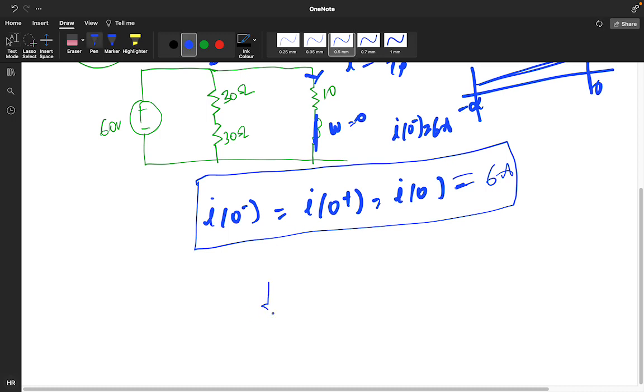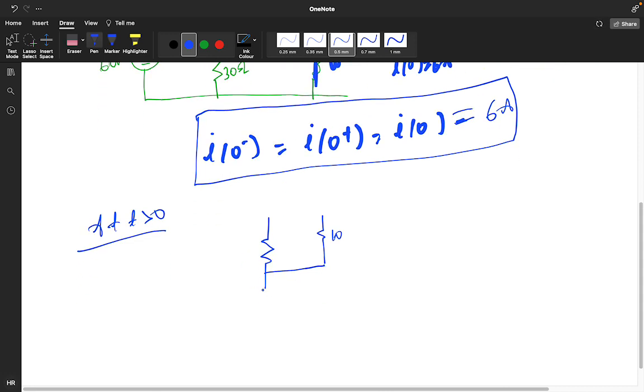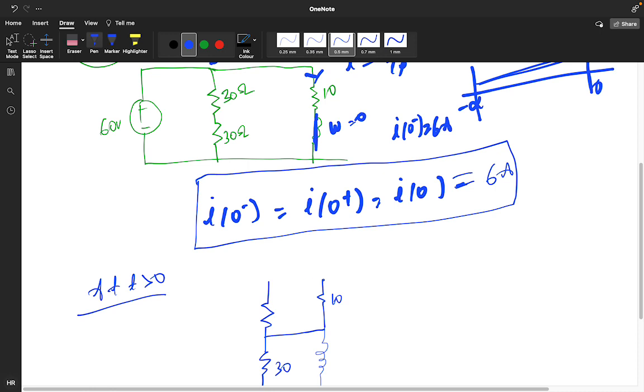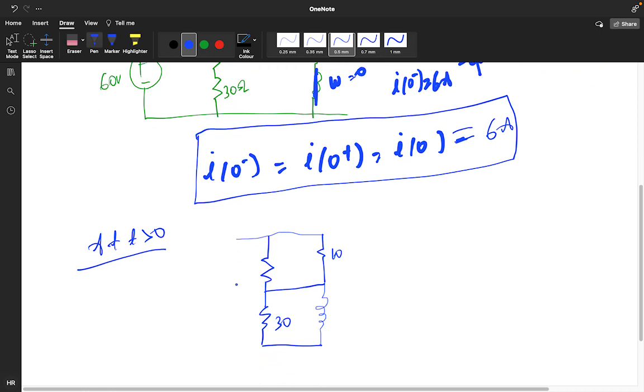At t greater than 0, your circuit is becoming like this: 10, this is 30, and you have an inductor, and this is plus minus 60 volt.